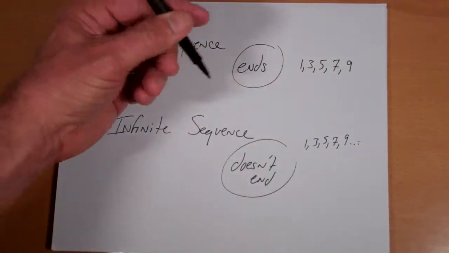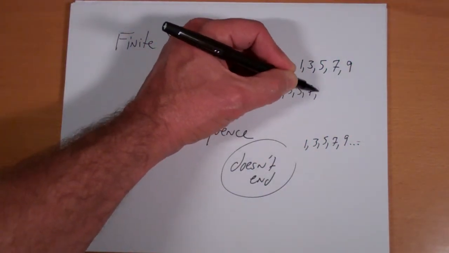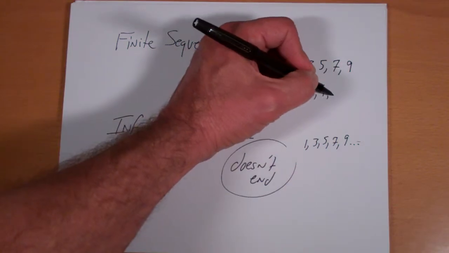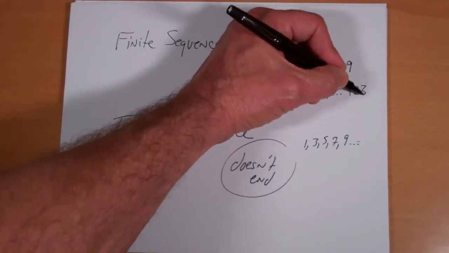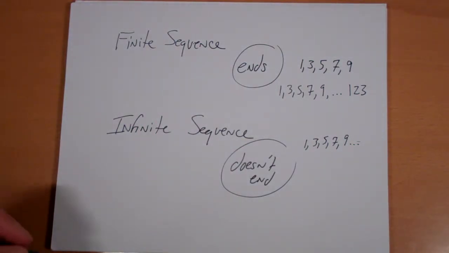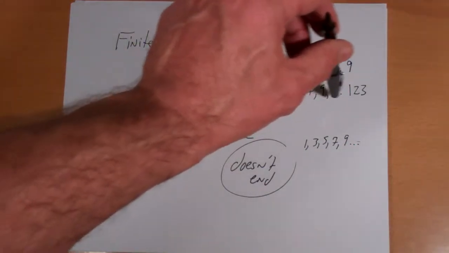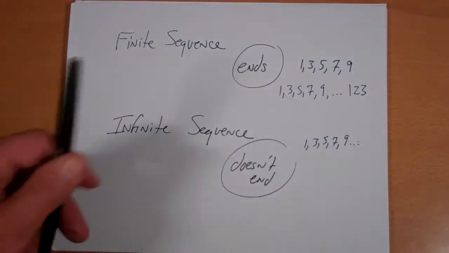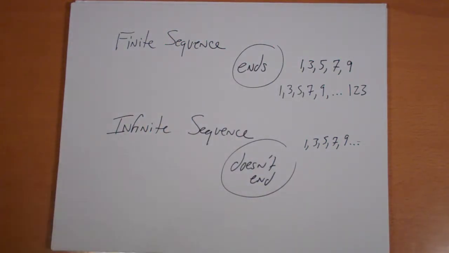Now, sometimes we could use the dots in a different way. You could have 1, 3, 5, 7, 9, dot, dot, dot, 123. In this case, it does stop, and we just use the 3 dots to note that we're not going to write it forever.